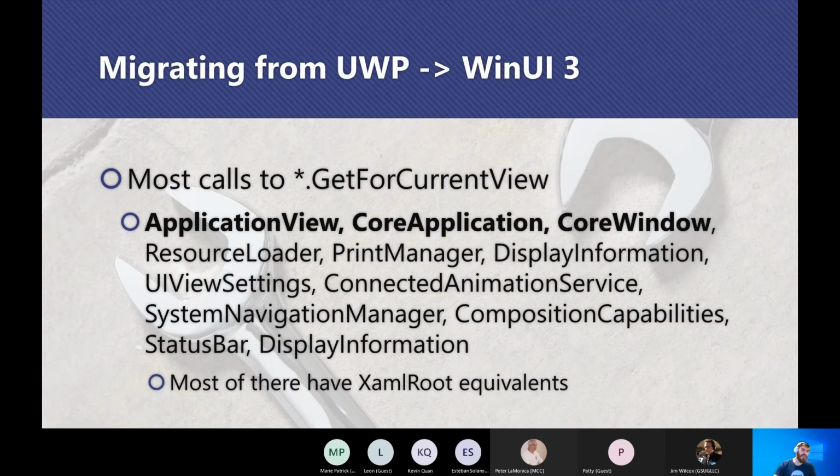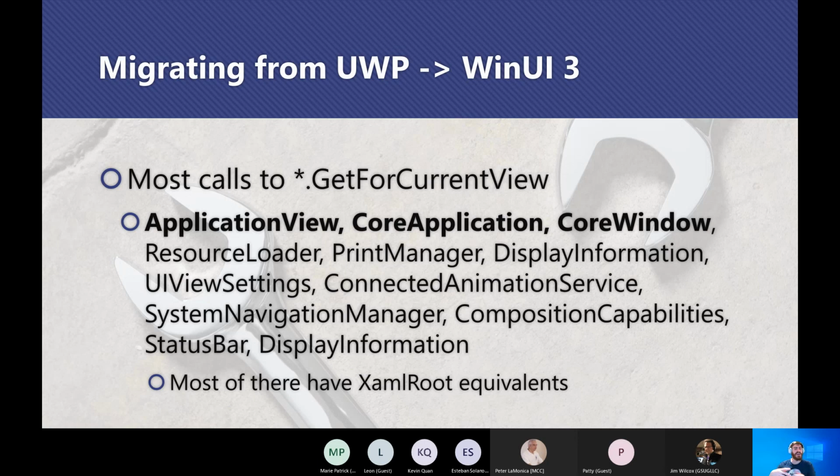So the exact same thing exists for ApplicationView.GetForCurrentView, CoreApplication.GetForCurrentView, CoreWindow.GetForCurrentView. Those three first ones are the most used ones. But we do have equivalents on XAML root for every single one of these APIs.